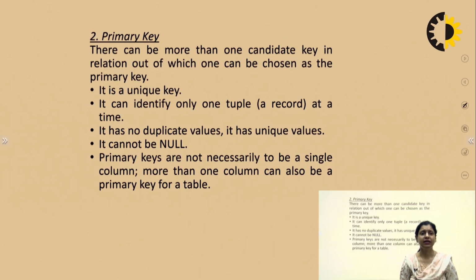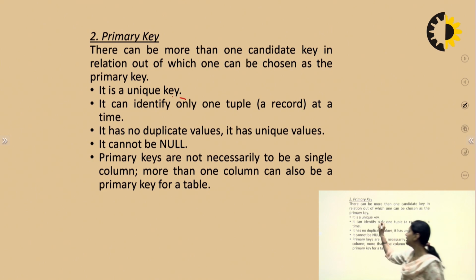The next one is the primary key. The primary key is a candidate key which we consider as the primary key. Out of multiple candidate keys, we are able to find one key which we call a primary key. It has all the features of the candidate key.